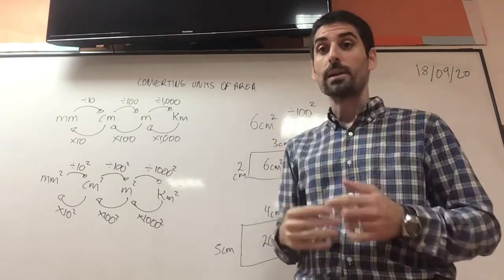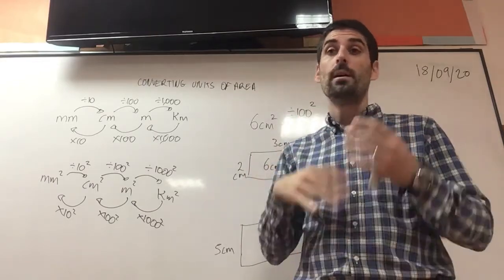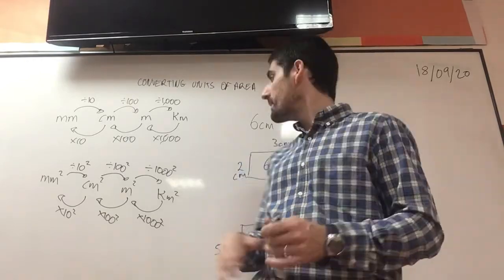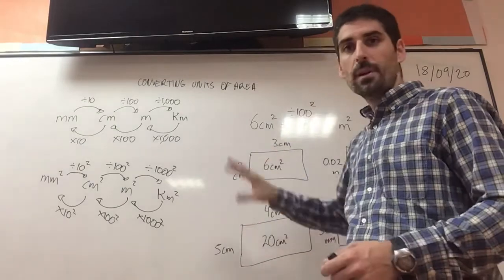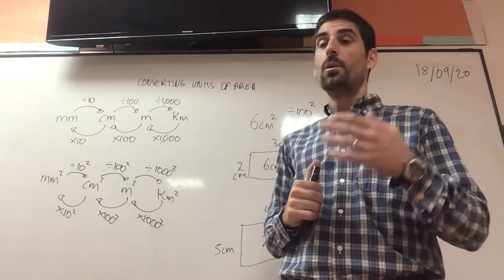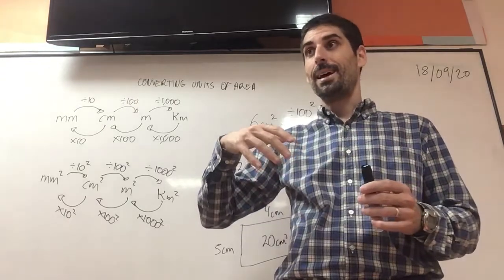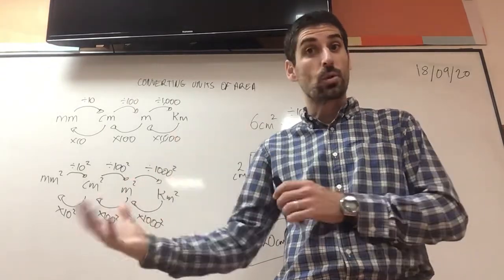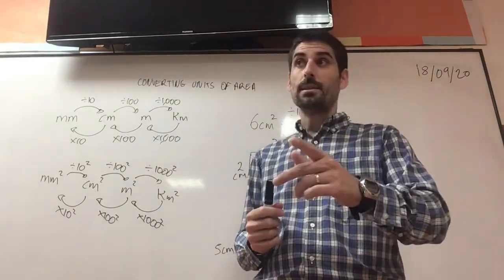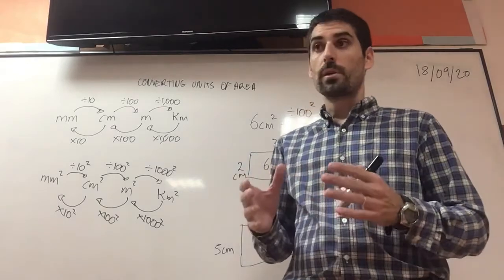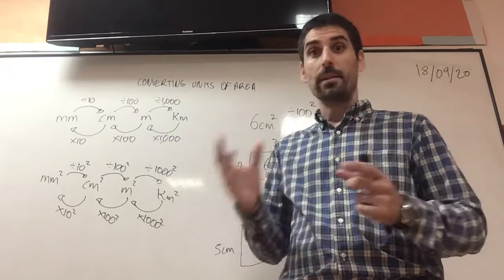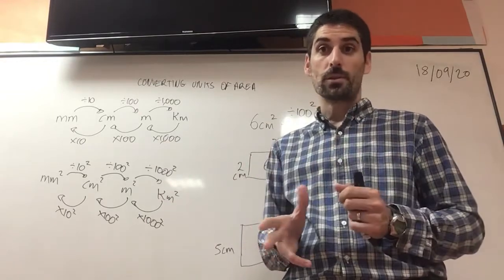You need to memorize them and be pretty quick and comfortable with them, because in a lot of questions they may give you measurements in different units, or you may start with centimeters but the answer may ask you for meters squared. Or, as you will see next year, when you're working with pressure, force and area, the area needs to be in certain units. You may have to do conversions, okay?